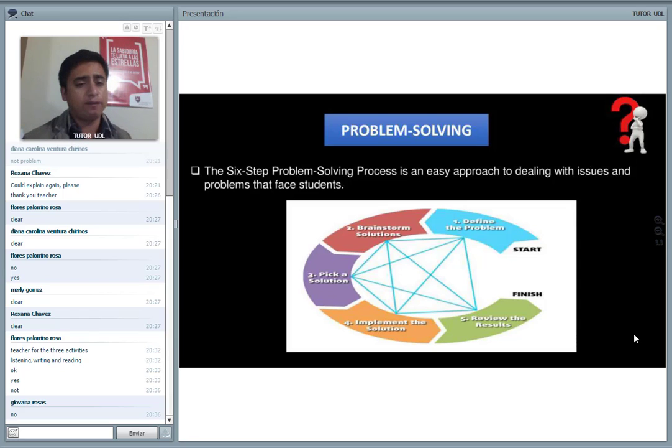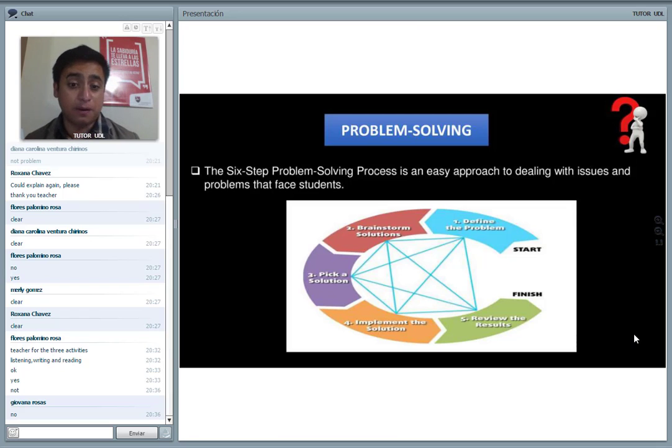Okay, once you have different possible solutions, you have to pick the most effective solution for the problem that you have to face. That's step number 3. Once you choose the right solution, you need to check, or maybe you need to improve the solution, or include something else to make the solution more effective.